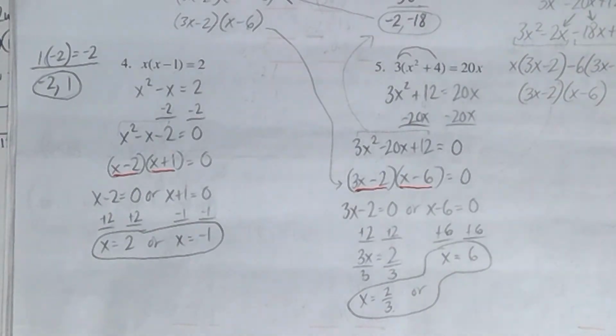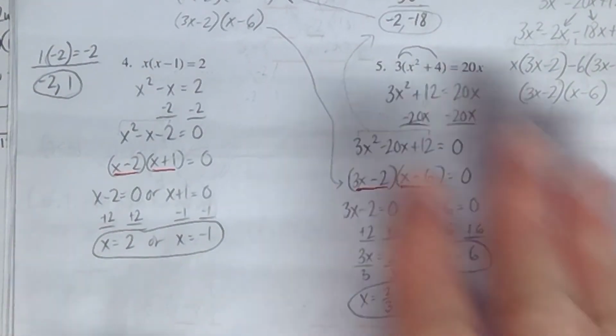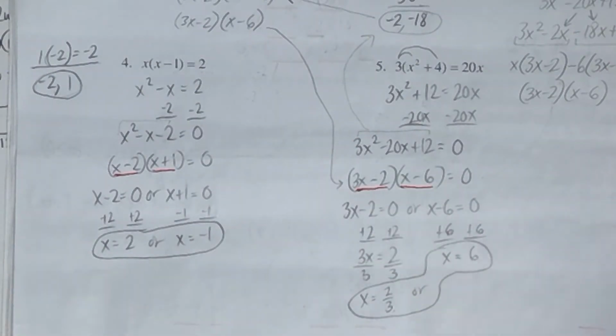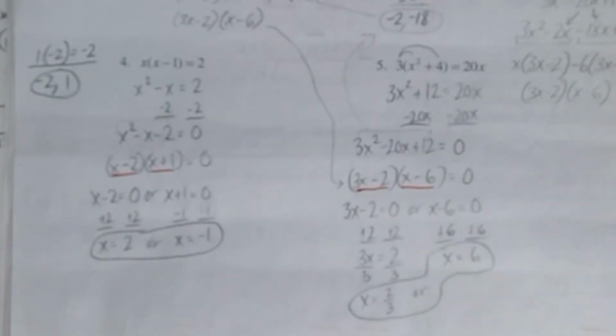So you don't need to be responsible for knowing the other 3 methods until after this upcoming exam is over. Not until after that exam's over do you need to be concerned about the other 3 methods that are in the next worksheet packet. So just want to make sure that's clear.